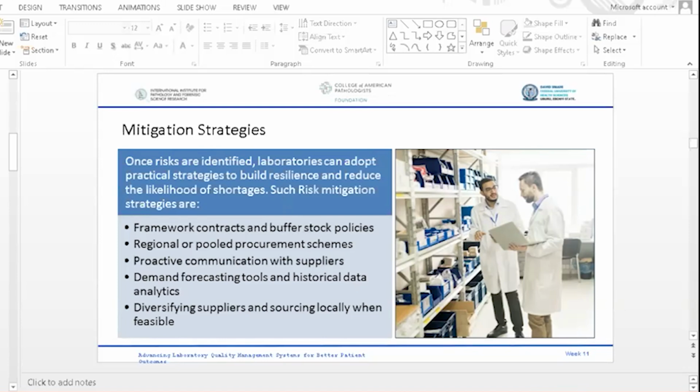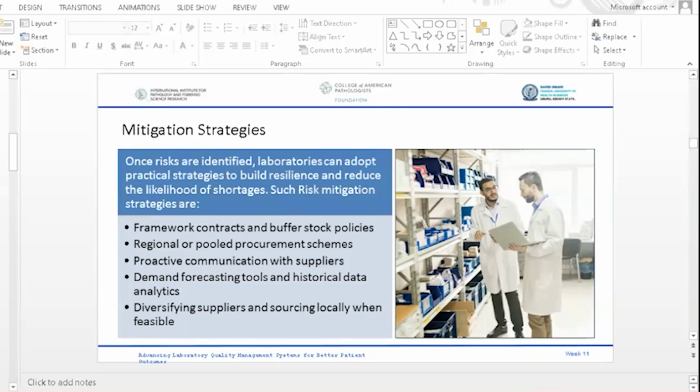These contingency plans should be able to identify essential reagents and alternative testing protocols, like I've mentioned before, that can be used during emergencies. These plans must be reviewed periodically and integrated into the laboratory's QMS.